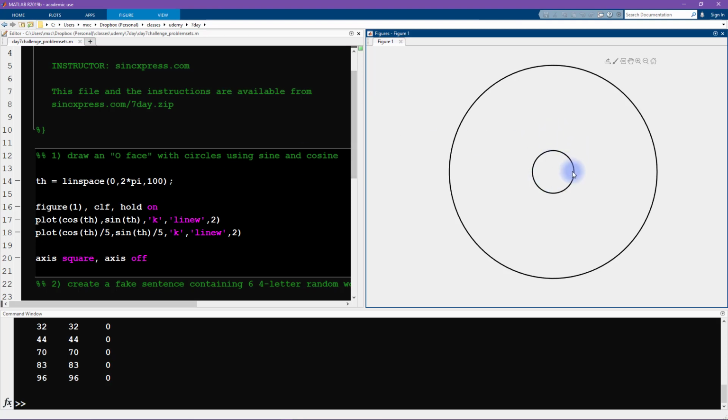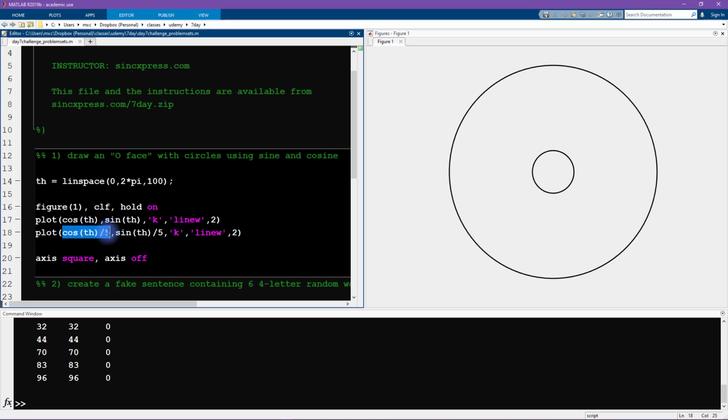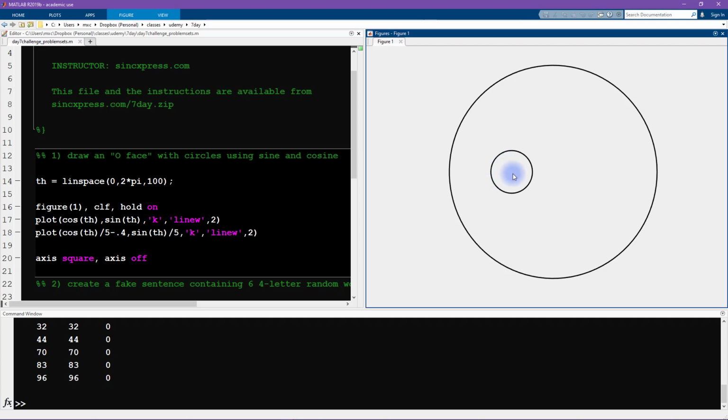Okay, so this is one eye, but we don't have a cyclops. We have a normal looking face with 2 eyes. And so they need to be a little bit higher, and we'll put this one up here off to the left. So the way we do that is by thinking about that the cosine corresponds to the x-axis and the sine corresponds to the y-axis. So on the x-axis, we want to shift the center of this circle by some amount, and it turns out that minus 0.4 is the amount that I used.